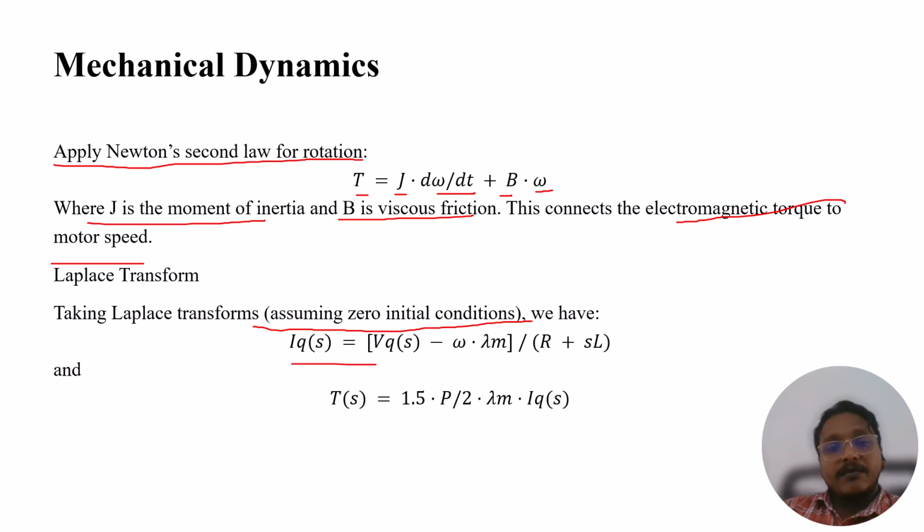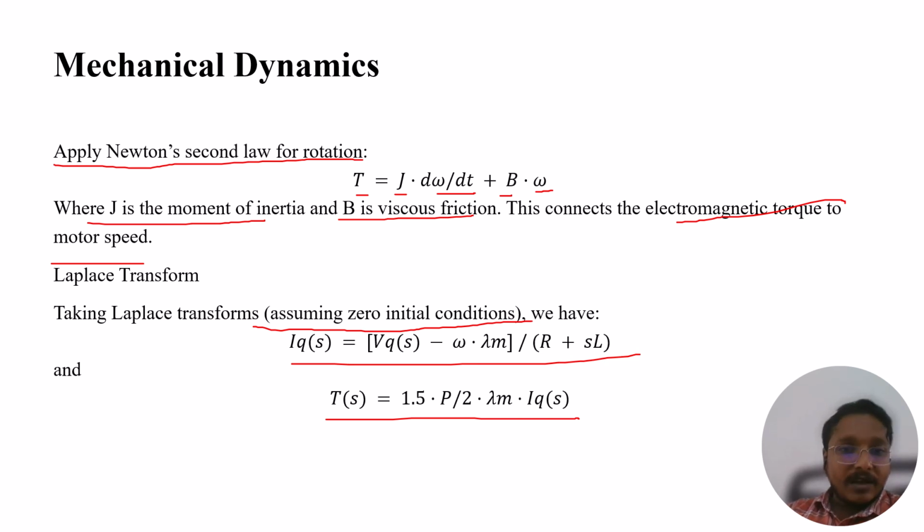This is the final equation of the Q axis, along with the torque equation. As the video is getting lengthy because of the many equations, I'm cutting it here, because it is the foundation stage of the equation and will be connected to the next video. Thank you.